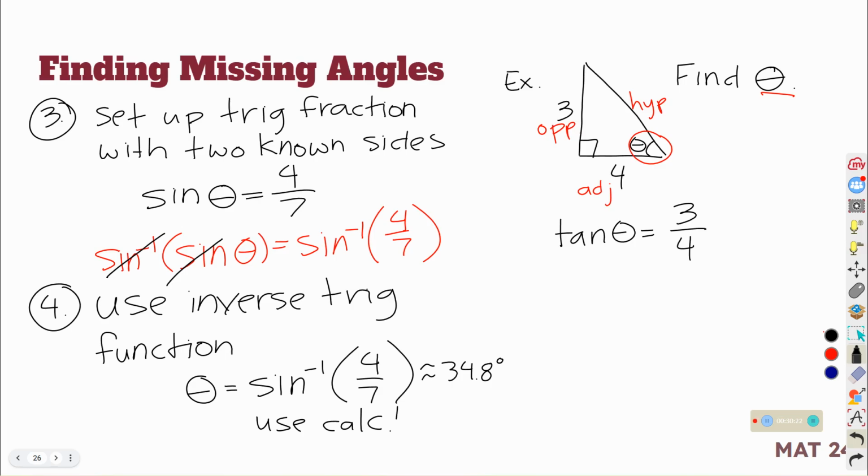And I'm glad you mentioned that, Christian. That's really important because that happens a lot. Reciprocals are different from inverse functions. When I say inverse, we want tan inverse, not cotan. So inverse and reciprocal are not the same thing. Good, so we're going to do tan inverse. I know on this side it's just going to cancel and give me theta. On the other side, I'm going to get tan inverse of 3/4.